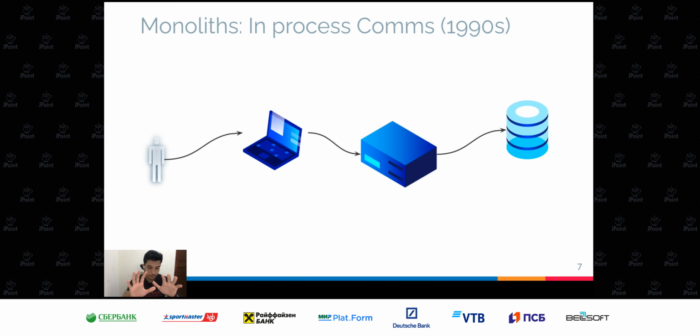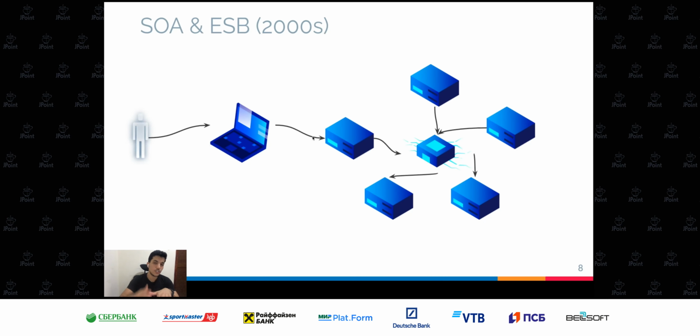But the problem is, if you wanted to scale, it was really complex and really hard. And scaling was going to hit you hard. So, in order to scale, we started to break the monolith into multiple components and multiple services.